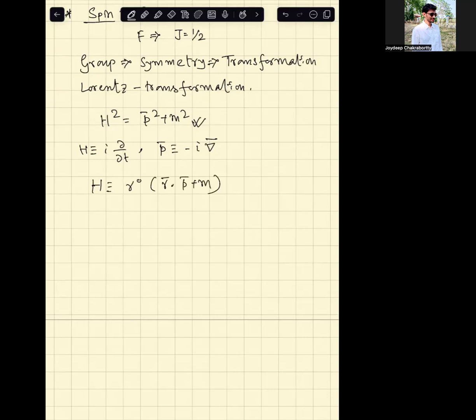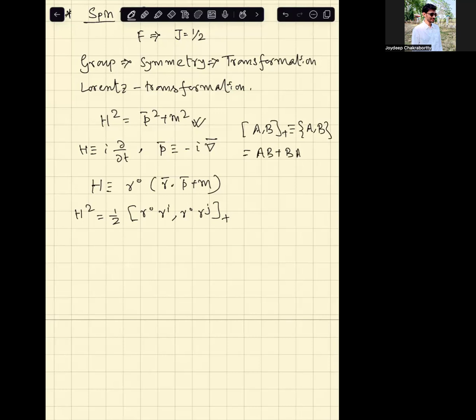If you start with this operator and then calculate the H squared operator, you find the following: half of gamma 0 gamma i and gamma 0 gamma j, with a plus, and this plus tells you that whenever I have this kind of relation, I will write it as the anti-commutator, AB plus BA.